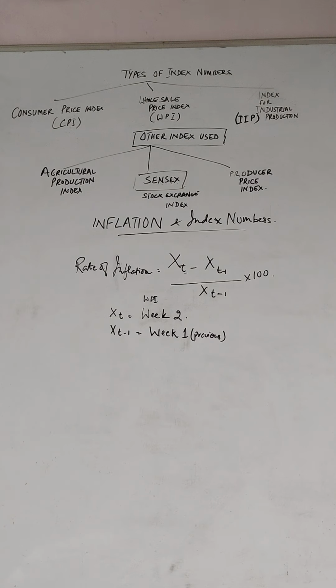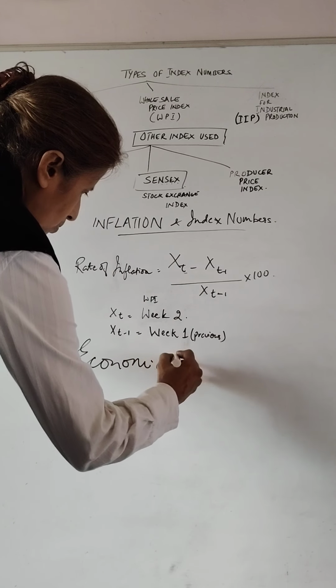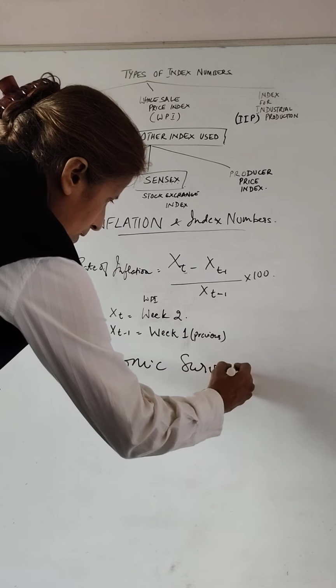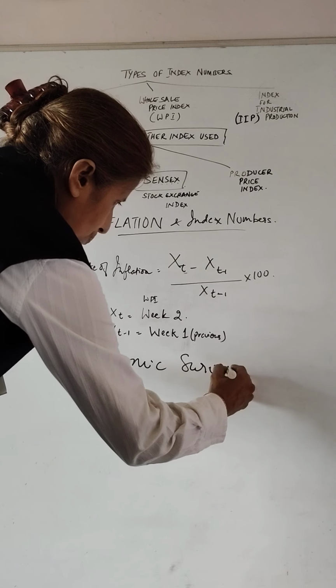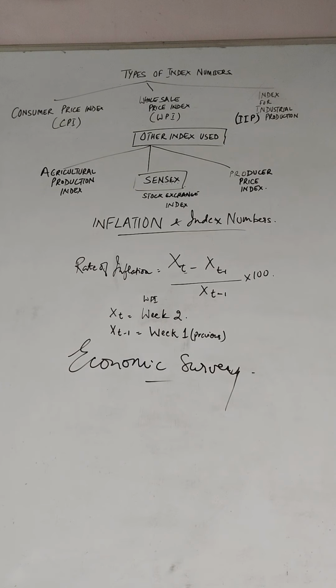So where can you find these indices? In the economic survey, which comes out every year, especially just before the budget. So before the budget, the economic survey is made, in which all these indices are given.